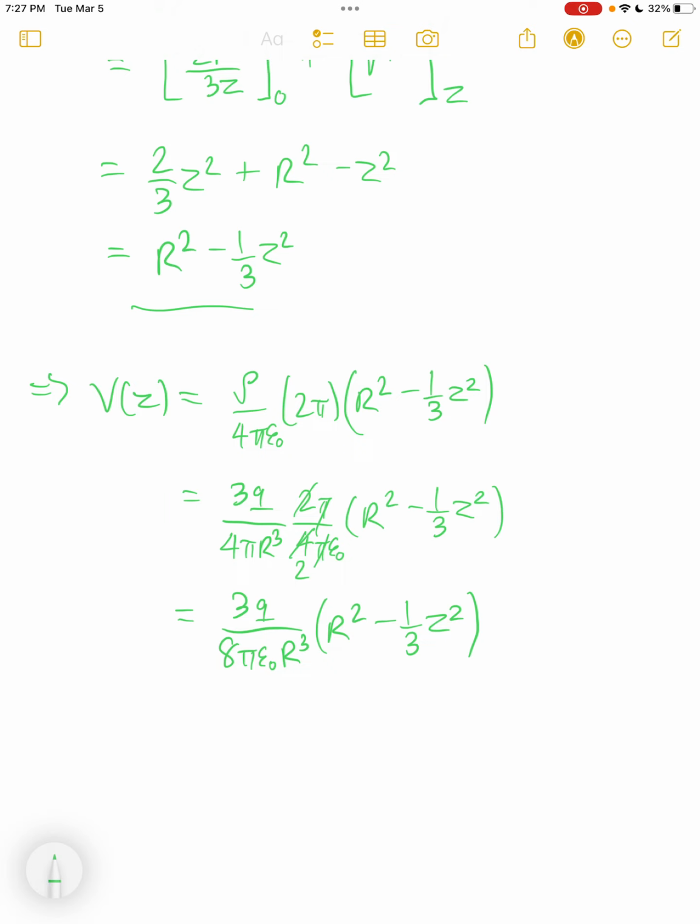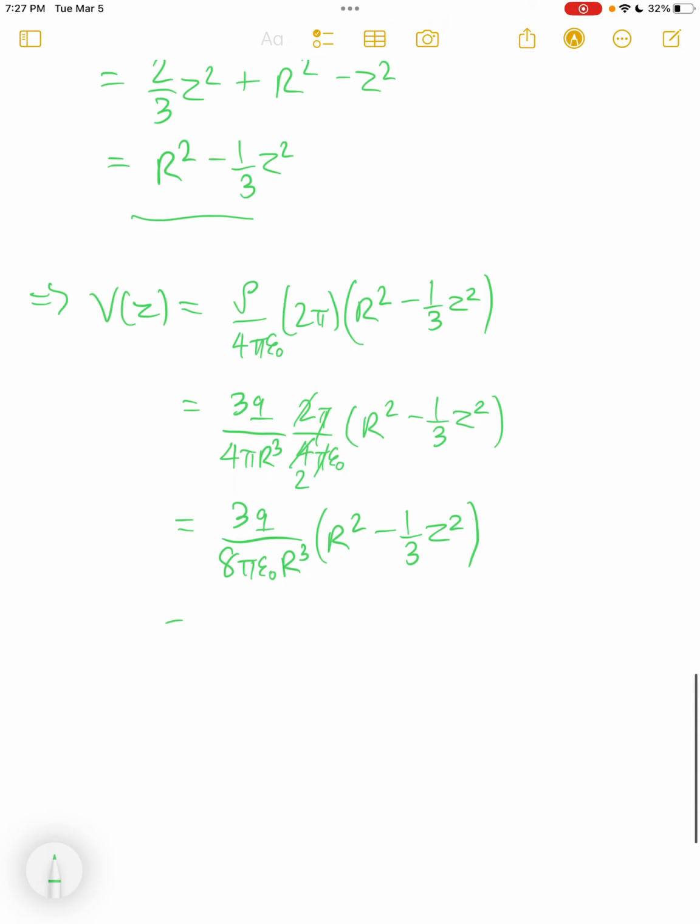Now I'm going to do some factoring to get this to look like the way the book has it. So this is going to be 3Q over 8 pi epsilon naught. I'm going to factor out R squared, so that just gives us 1 R on the bottom.